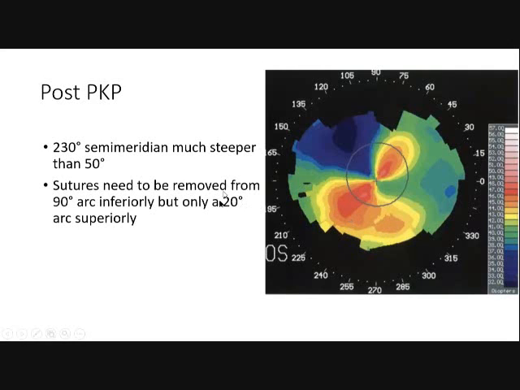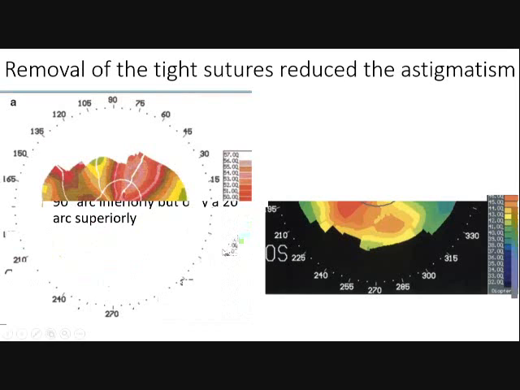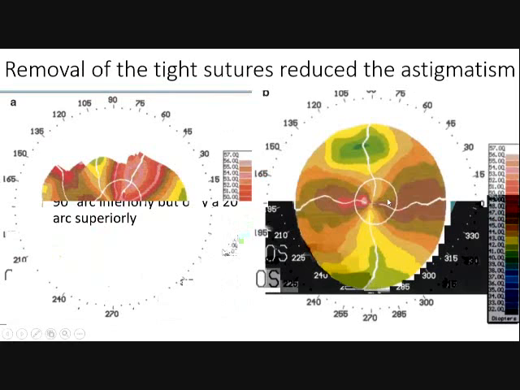So sutures need to be removed from a 90 degree arc inferiorly, but only from a 20 degree arc superiorly. Right. So what about this one? Is there too much astigmatism or too little astigmatism? Too much. So we removed the tight sutures, and now the astigmatism has reduced.